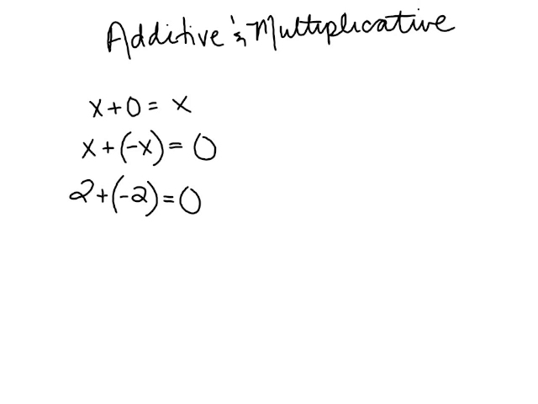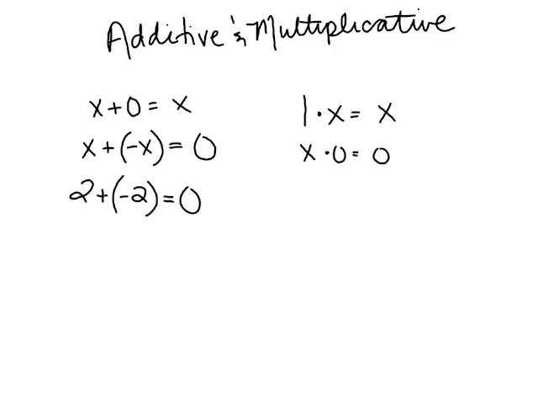How about for multiplication? So there's our additive inverse, and we're going to do our multiplicative inverse. 1 times x equals 1x, or simplified x. So how do I turn that into a 0? What do I times x by to get a 0? 0. I can always times it by 0.